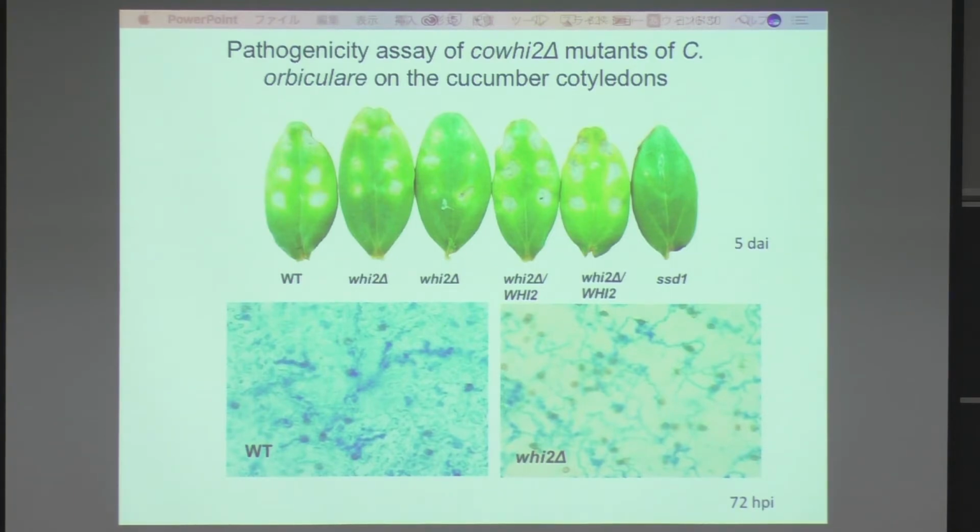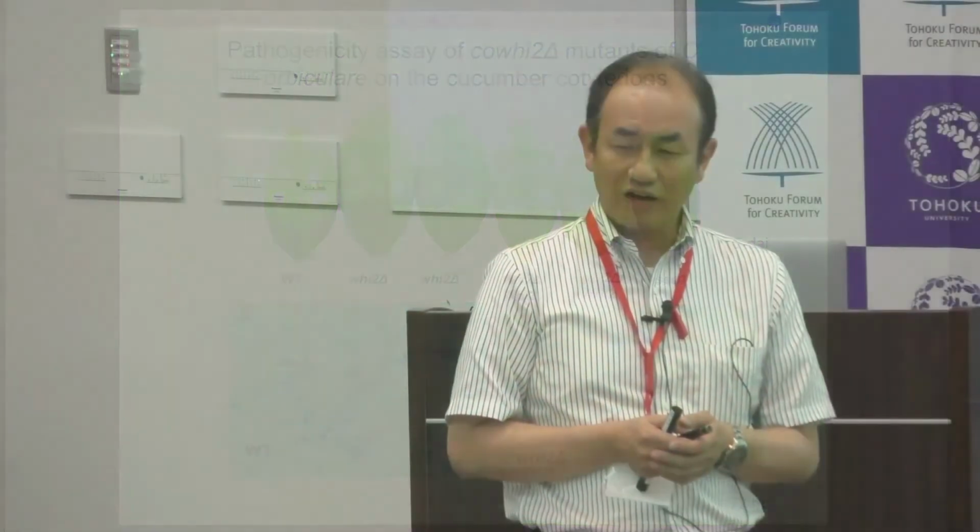The most typical phenotype of this mutant is that it forms very thin, narrow hyphae when compared to the wild type. The narrow hyphae are typical for necrotrophic hyphae. So I hypothesize that the first biotrophic phase might be skipped in this mutant.